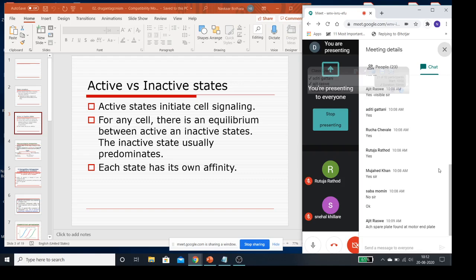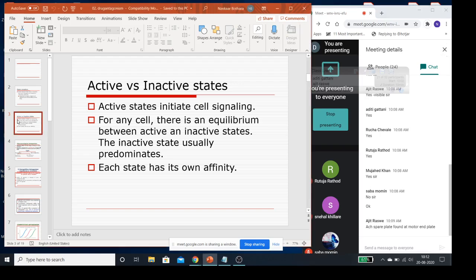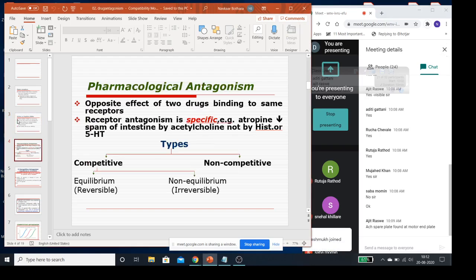Okay. Then next is antagonism. We have two types of antagonism. Basically competitive and non-competitive. Now for each we can have two views again.